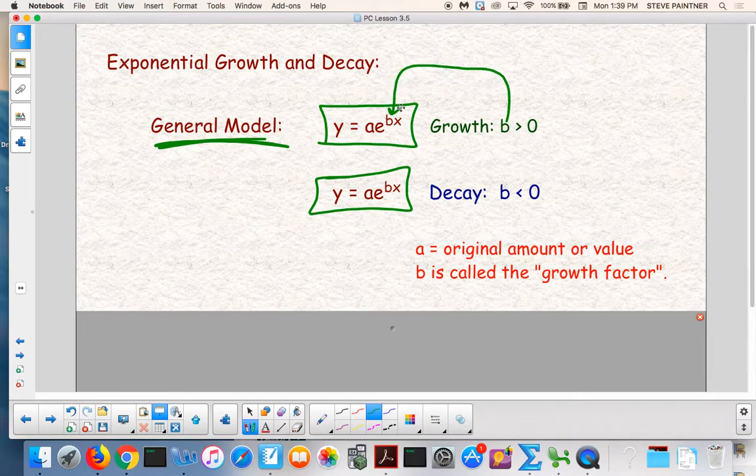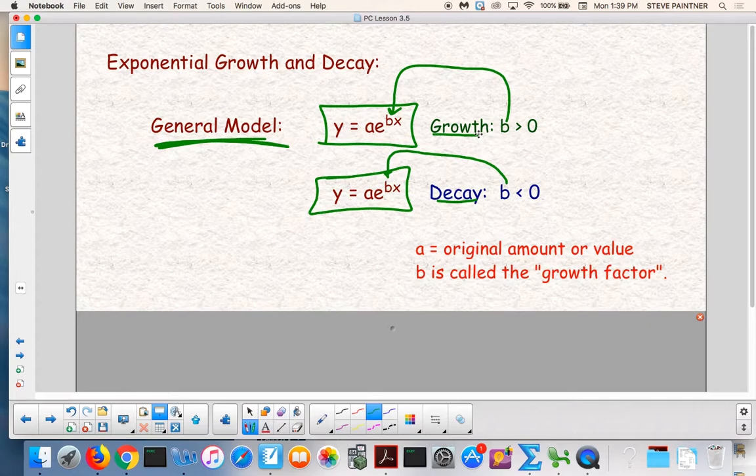Your goal today, guys, is to get the b value, the coefficient in front of x. If your b value is negative, then you have decay. Growth happens when b is positive, and decay happens when b is negative.